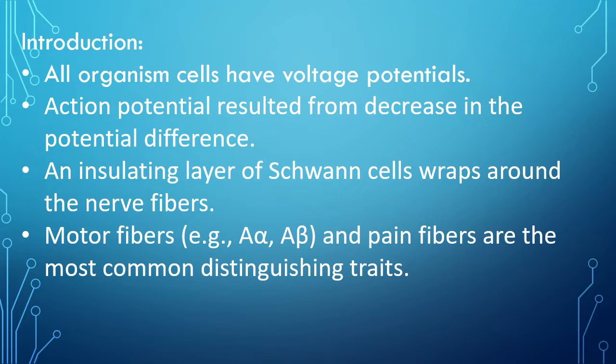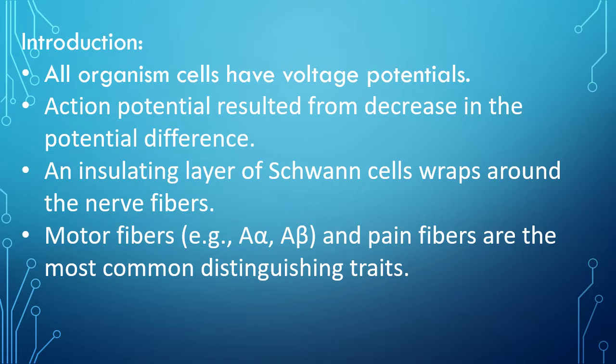An insulating layer of Schwann cells wraps around the nerve fibers to form myelination. Nerve fibers come in a variety of shapes and sizes. The diameter and degree of myelination of each fiber type can be identified anatomically.